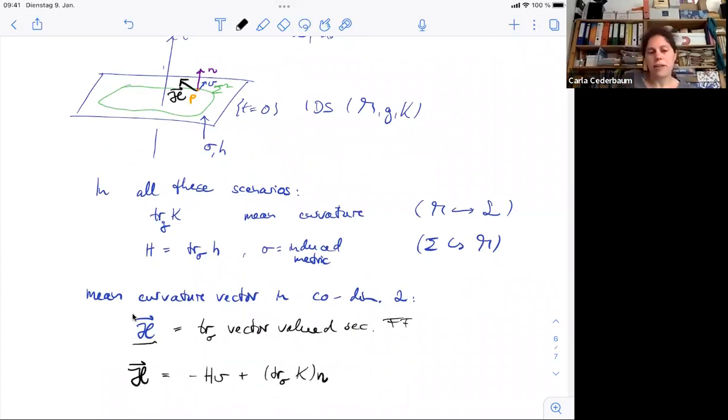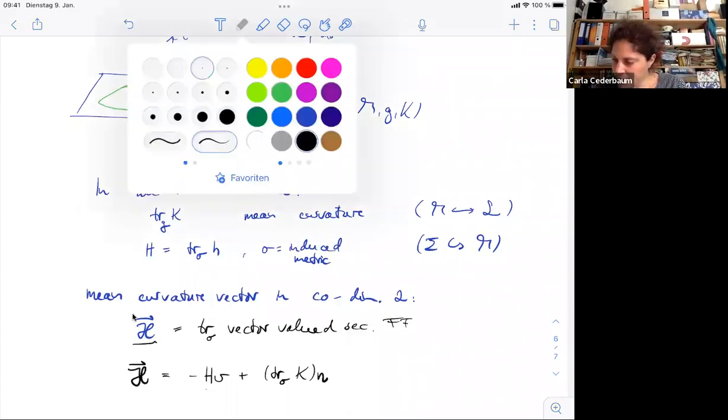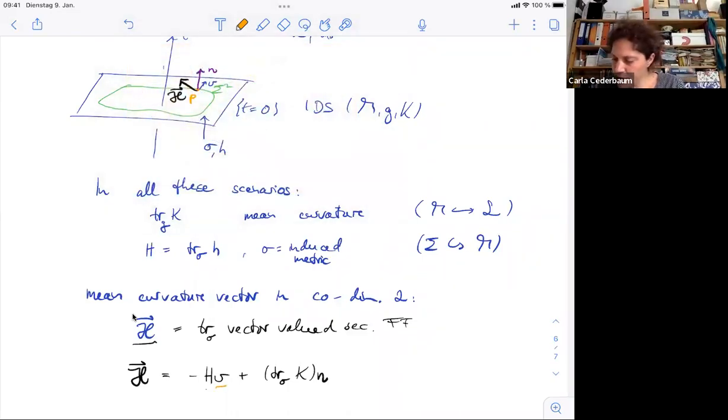Okay, so I'll explain the objects here. H is the mean curvature of the surface within the initial data set. Next, this nu is of course the space-like normal to the surface inside the initial data set.